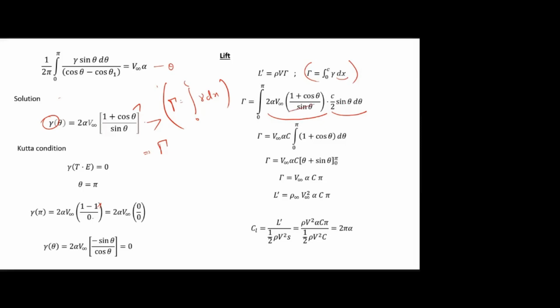Simplify, sin theta gets cancelled, 2 gets cancelled. Remaining will be V infinity alpha c integral 1 plus cos theta d theta. Now integrate and apply the limits. You will get this equation for capital gamma. Is that clear?